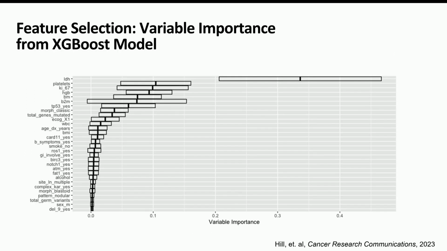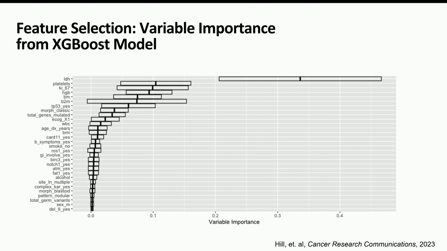This is from our model. When we fit the model on our validation set or our crossfolds while we were training our model, we pulled out the top 20 important features using variable importance. And they range from all of our different modalities. So we have things from somatic gene mutations, different measures from blood counts, morphology from pathology counts, and different things like that.